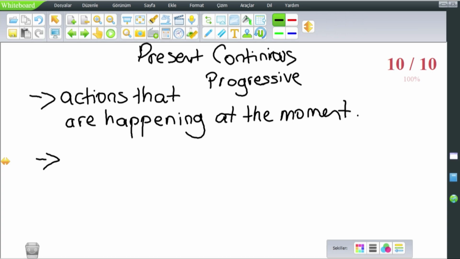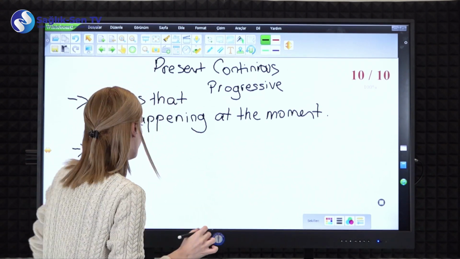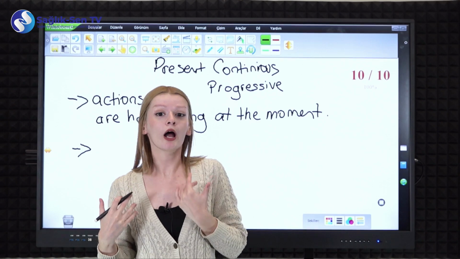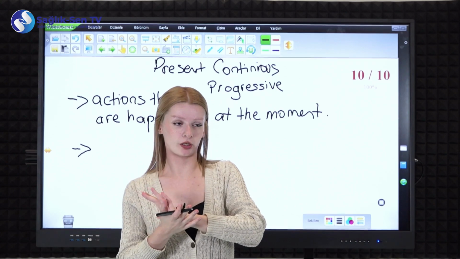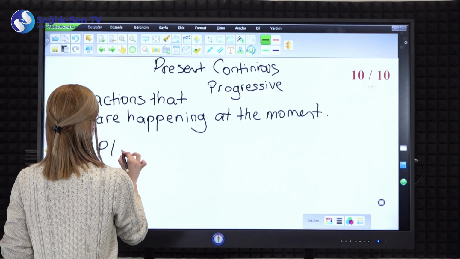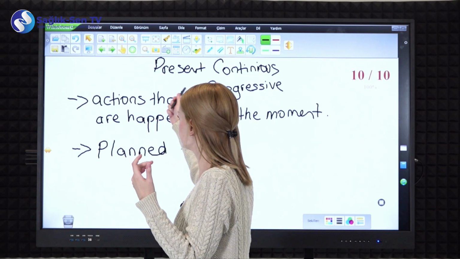Bir şey daha var. There is one more thing that we use with present continuous or progressive. When we're talking about our plans for future. Planned future. Sometimes we can get confused because students ask, this is happening in the future, why we use present continuous?